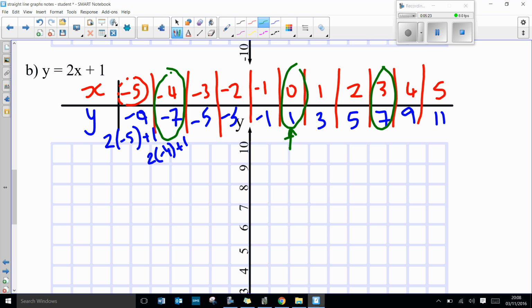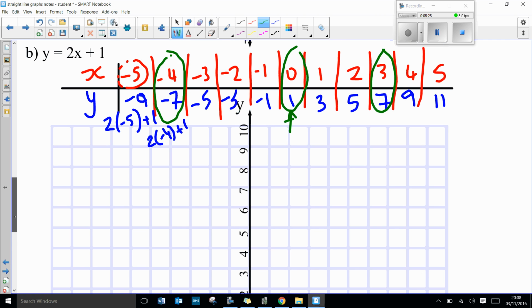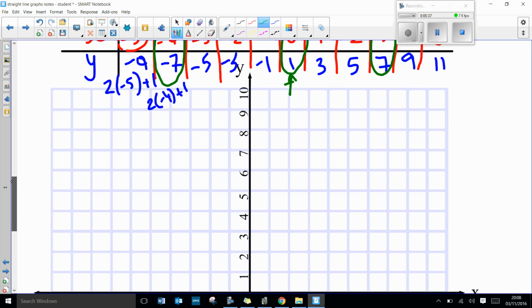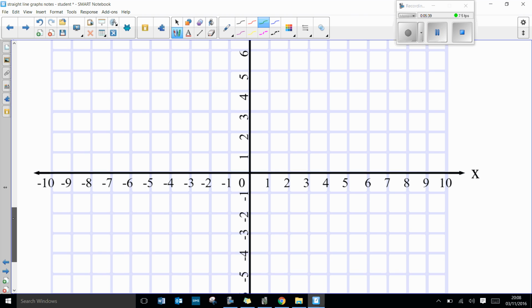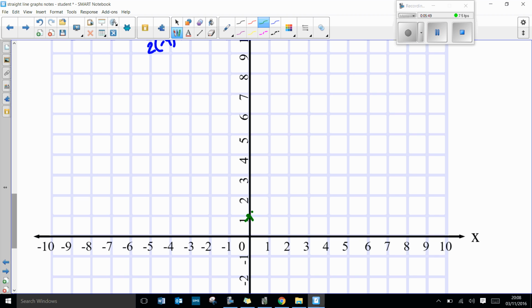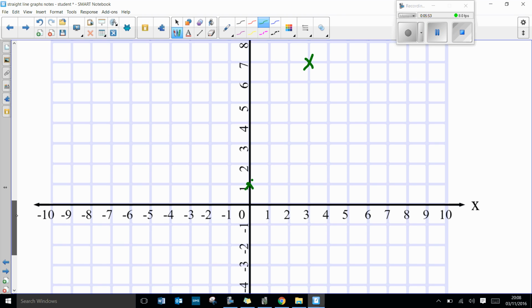So -4, -7, -4 on the x, -7 on the y gives this point here. 0, 1, so 0 on the x, 1 on the y, and our third point was 3, 7, 3 on the x, 7 on the y, and there we have our straight line.